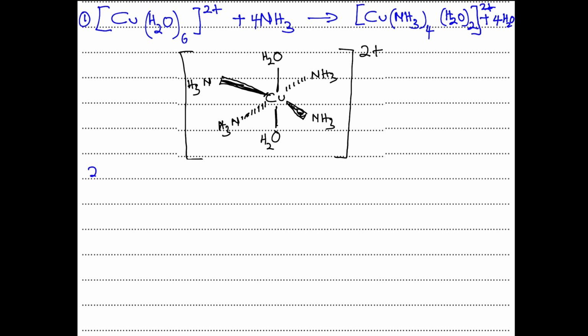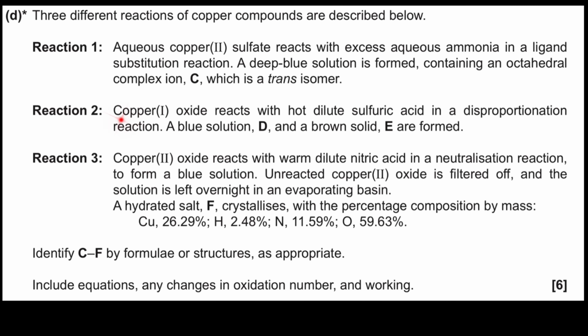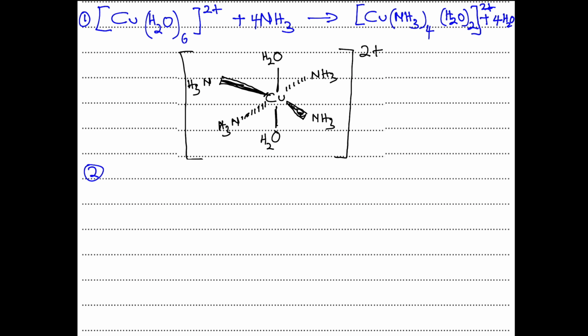Now for reaction 2. Copper(I) oxide reacts with hot dilute sulfuric acid in a disproportionation reaction. A blue solution D and a brown solid E are formed. For copper(I) oxide, Cu2O, that will disproportionate into copper 2+ and copper 0.